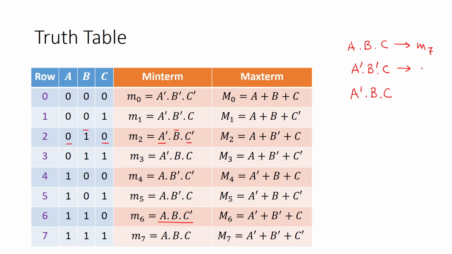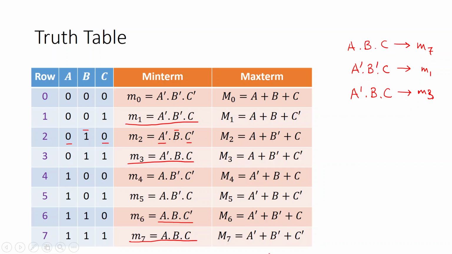So 0 0 1, it would be M1. Here it would be 0 1 1, meaning M3. Now you look at M7, M1 and M3 and verify whether these are the expressions. You see M7 is ABC, M1 is A dash B dash C and M3 is A dash B C.